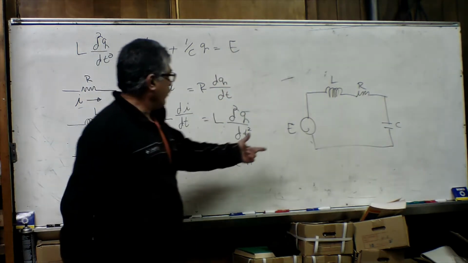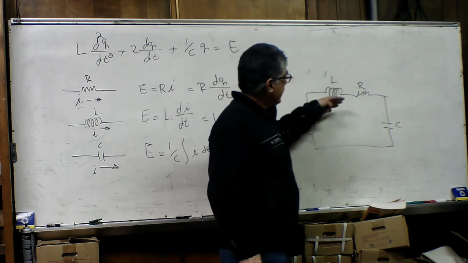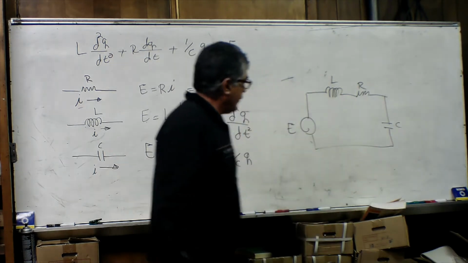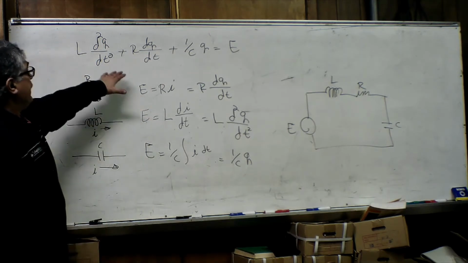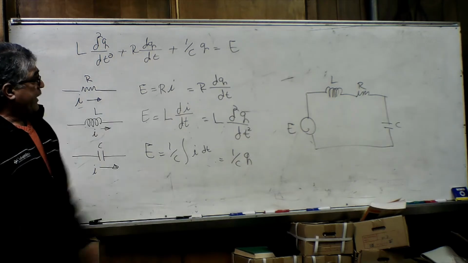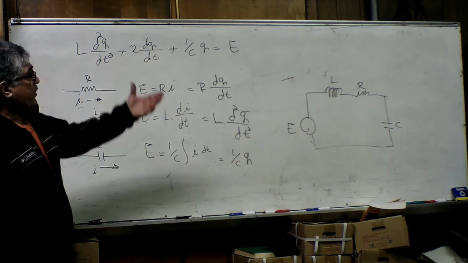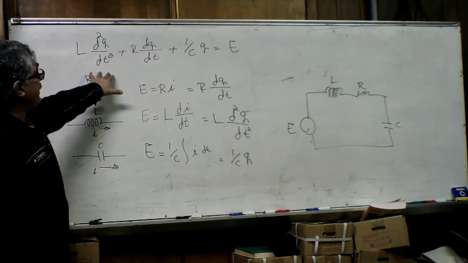So our total voltage is equal to the summation of the voltages in inductance, resistance, and capacitance. So this is the general differential equation for an electrical circuit with inductance, resistance, and capacitance.